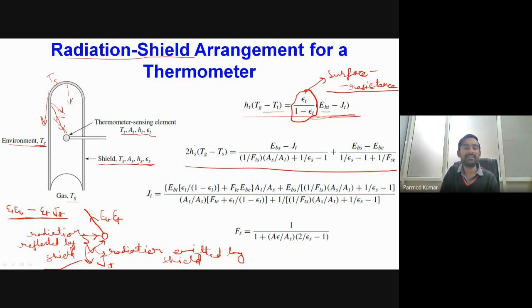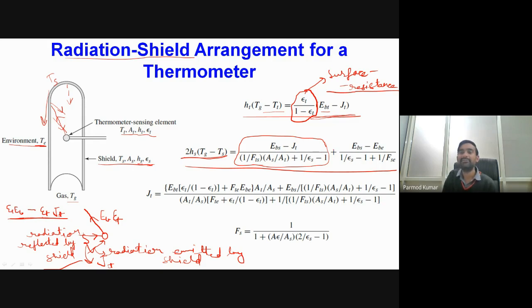You can see here, this represents the convection heat transfer from the shield surface, and this EBS minus JT divided by 1 by FTS times AS by AT plus 1 by epsilon S minus 1 is the net radiative heat transfer between the shield and the thermocouple, where FTS refers to the view factor from the thermocouple to the shield.